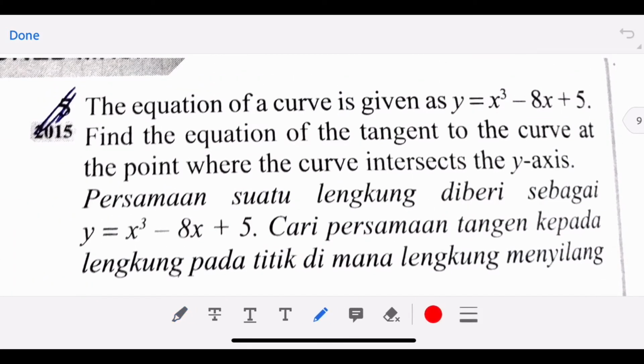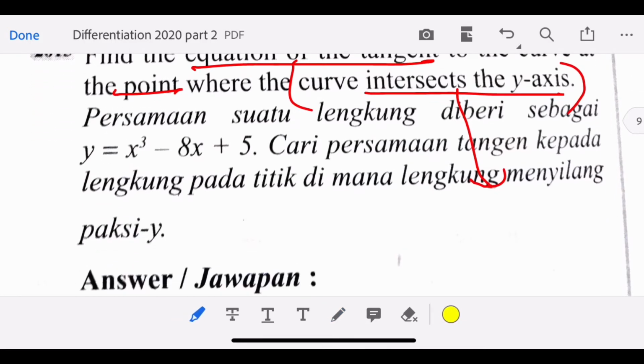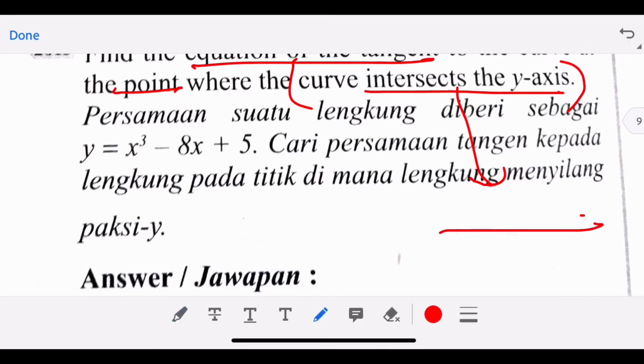The equation of a curve is given as y equal to x cubed minus 8x plus 5. Find the equation of tangent to the curve at point where the curve intersects the y-axis. So when we do dy/dx, we always need the values of x. So now they don't want to tell you directly. They say the curve intersects the y-axis.